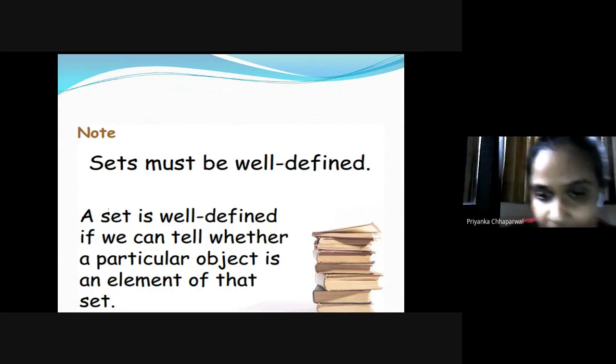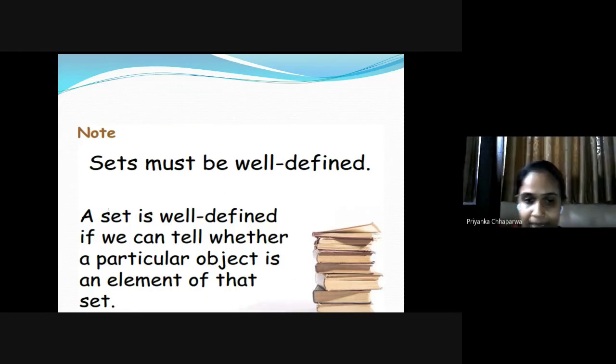In a set, many objects or elements are there. Each object in the set is known as an element or member of the set.